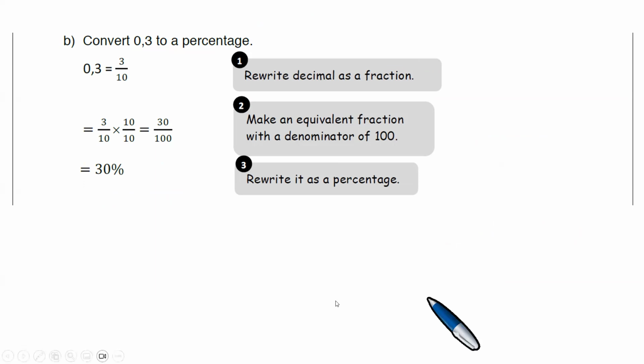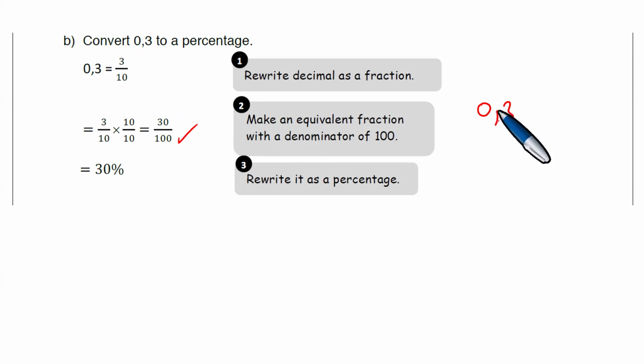All right. Convert 0.3 to a percentage. How do we convert 0.3 to a percentage? Obviously, the idea is to write 0.3 as a fraction with denominator 100. They can ask you these things hoping you have no calculator.